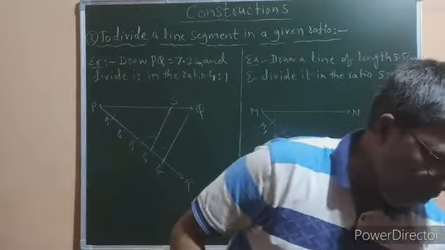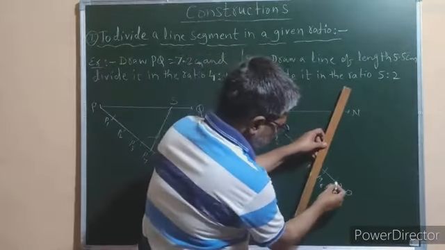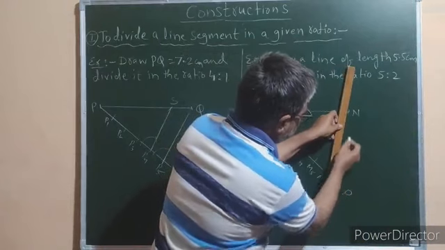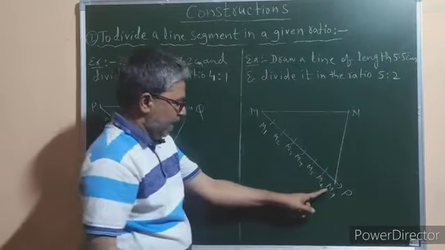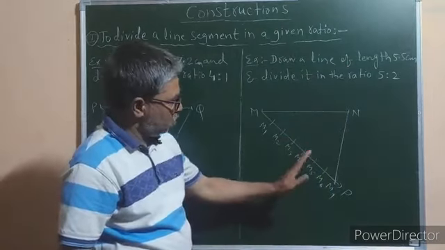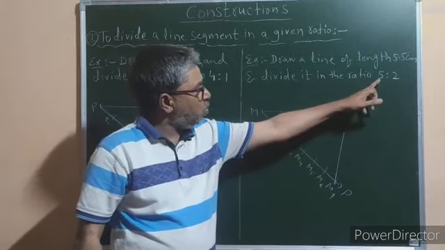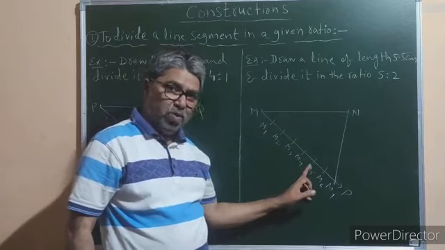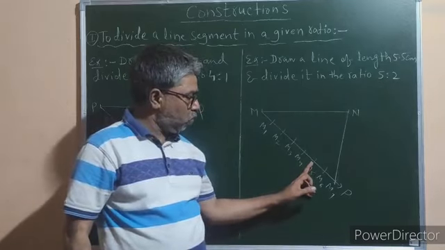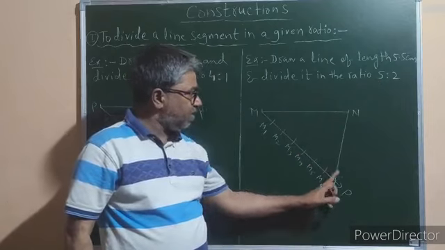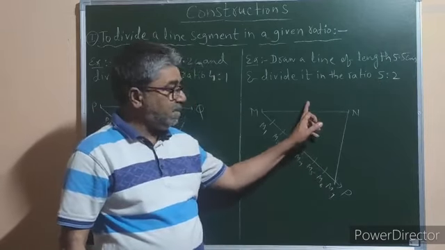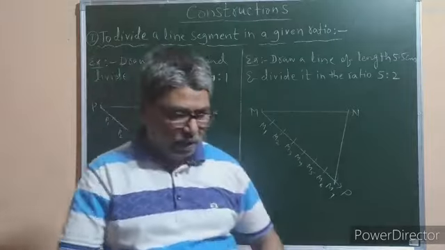Now you are going to join M7 and N to get a line M7N. So from point M5, you are going to draw a line parallel to M7N to meet MN at a certain point.